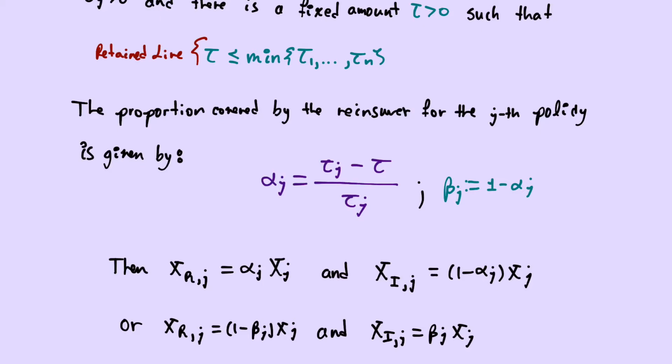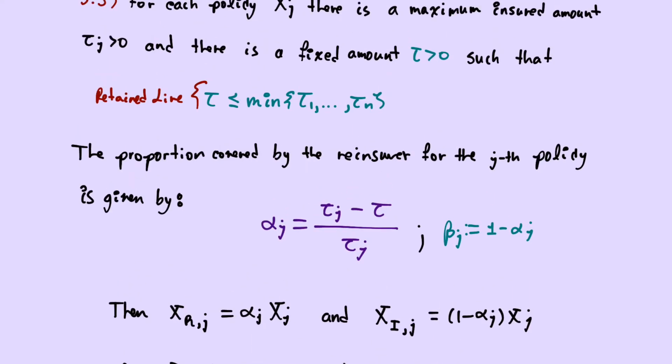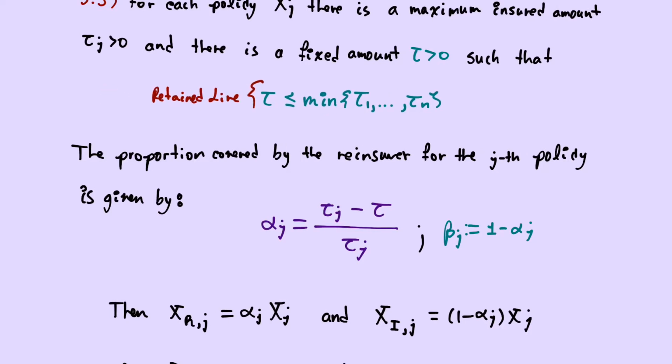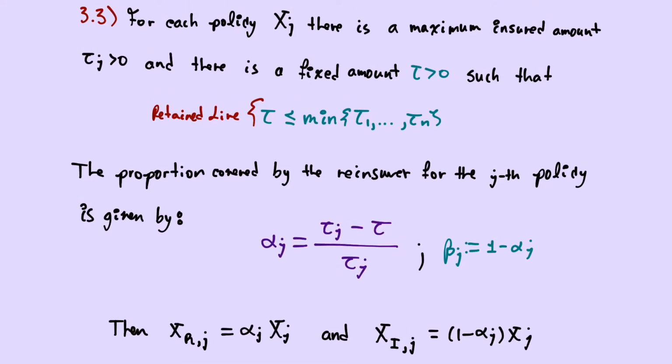So what does this represent? You have a specific and fixed value of tau that is called the retained line, and you check, for each of the policies, how much the maximum insured amount, tau_j, exceeds that retained line.